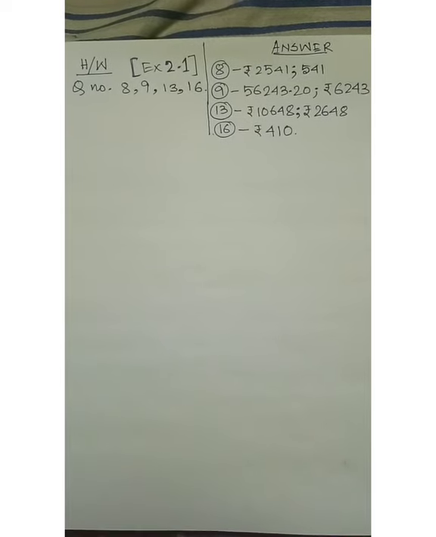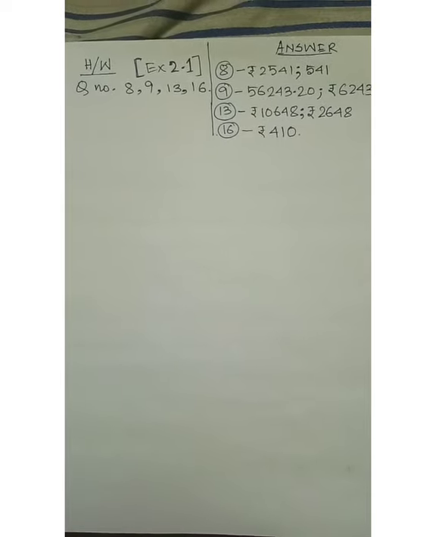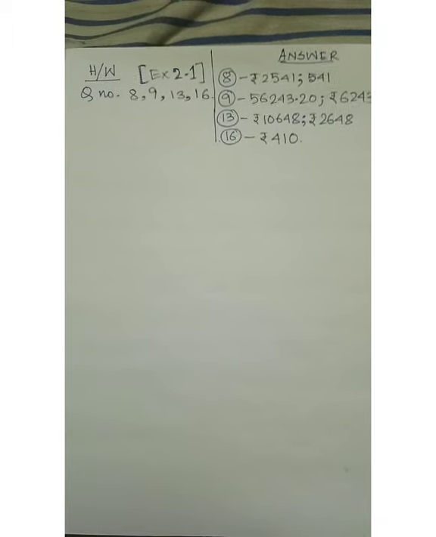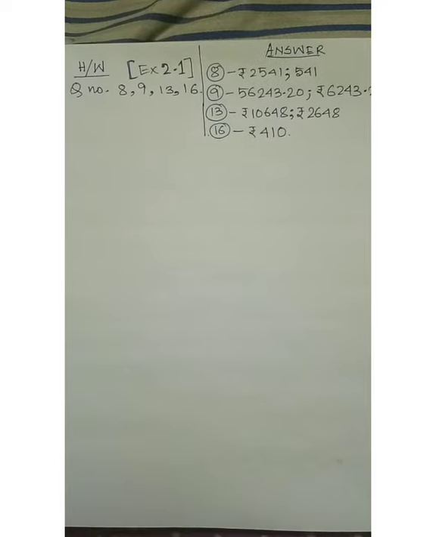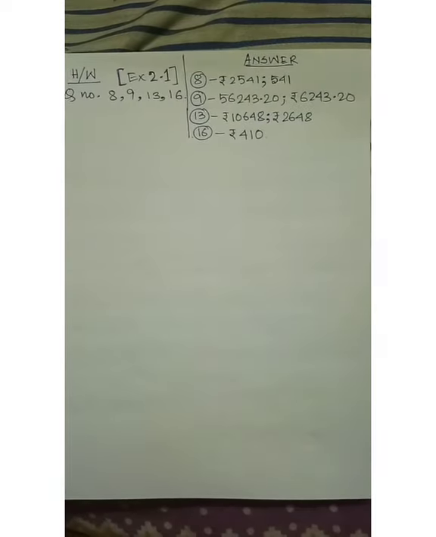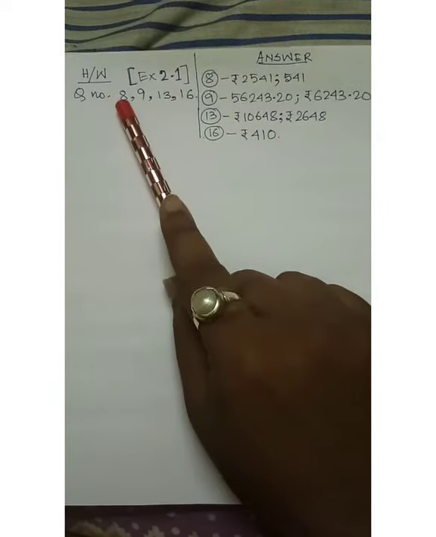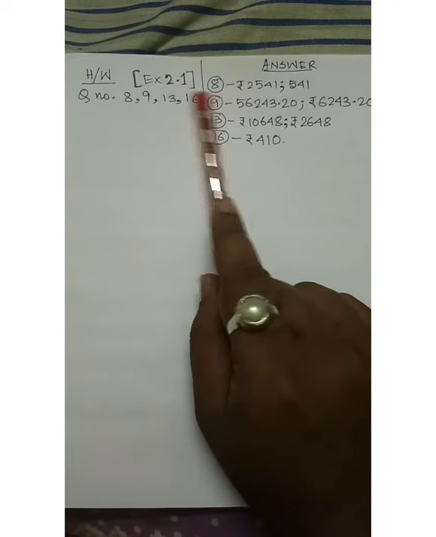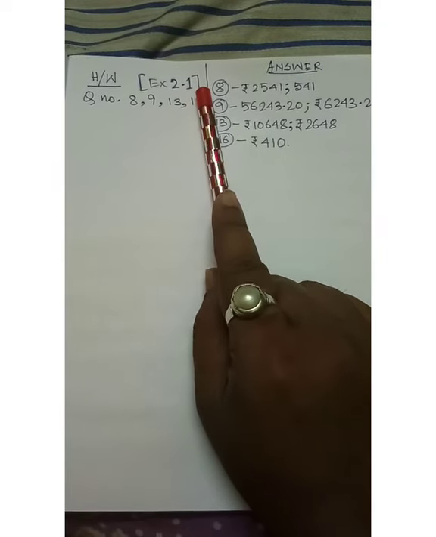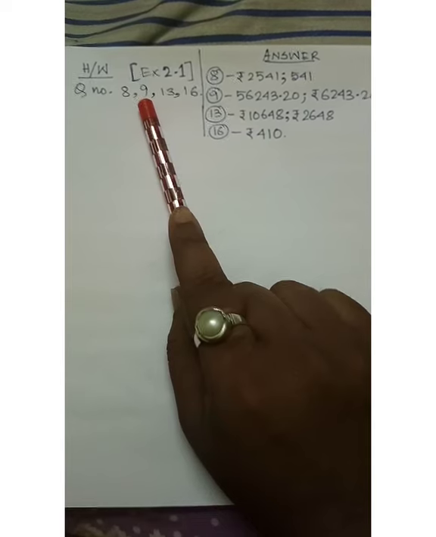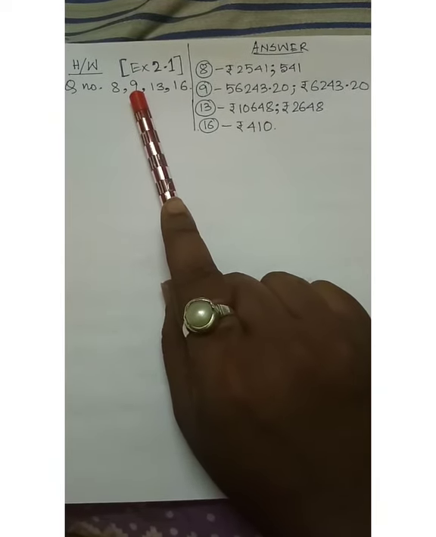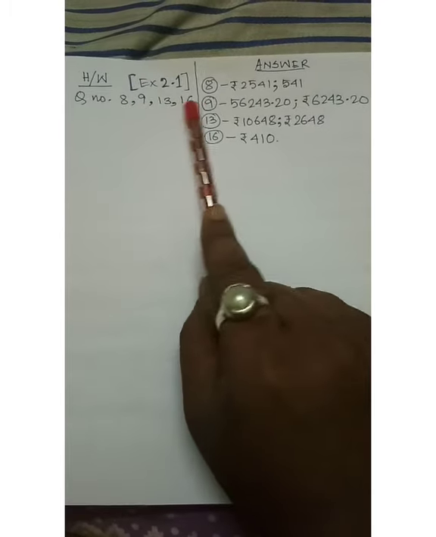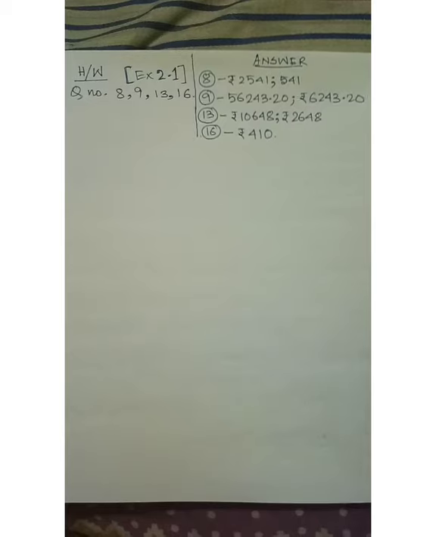I have given 4 sums with the answers. Today I have solved them, and I will forward them in the WhatsApp group in a PDF file. Today also I'll give 4 sums only, 1 2 3 4, that is exercise 2.1. Those questions are already given in the last PDF only. From there you try to solve these 4 sums, and the answer keys I've given from here.